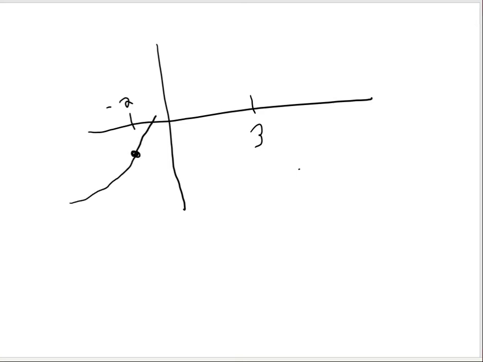And then it switches to going in this shape until here, where it levels off. Well, down here, the shape we have is something like an upward parabola.